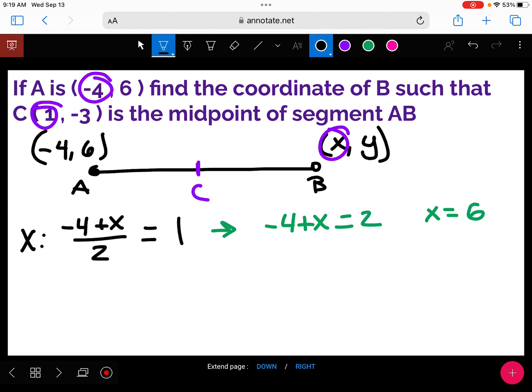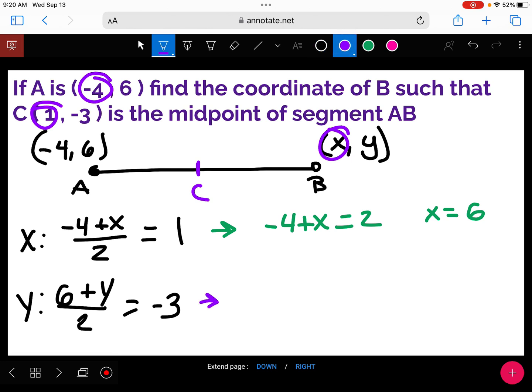We do the same process for the Y's. We take the Y value from our point, which is 6, plus the Y value from B, which we don't know, it's Y. Divide by 2. And that's going to equal the Y value from C, which is -3. So solve this one.